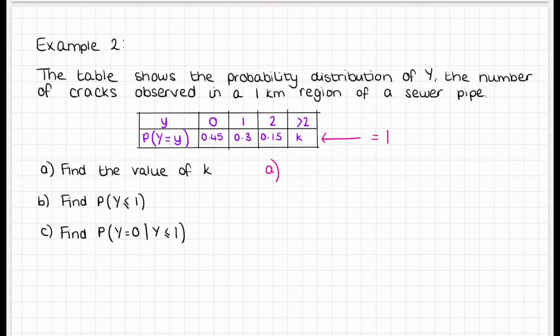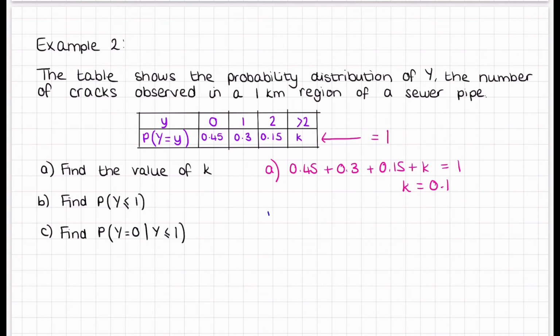So just like normal probabilities, all the probabilities in a probability distribution have to add up to 1. We can work this out because we know that 0.45 plus 0.3 plus 0.15 plus K has to equal 1. So we can put that in, work it out, and we'll find that K equals 0.1.